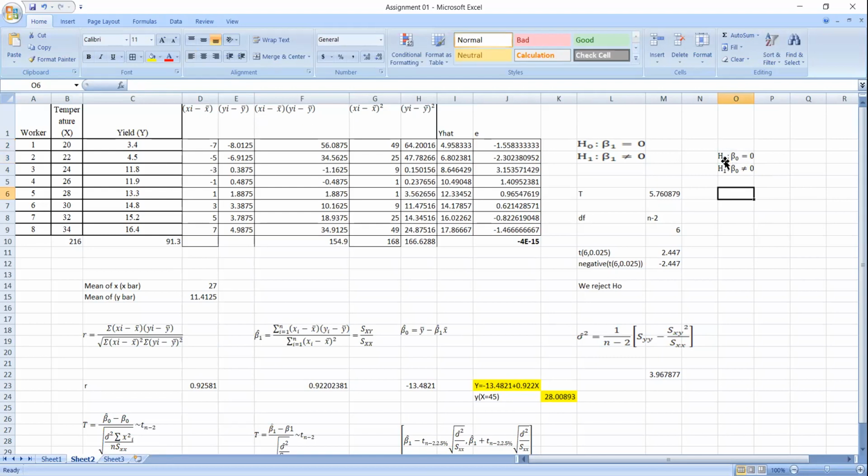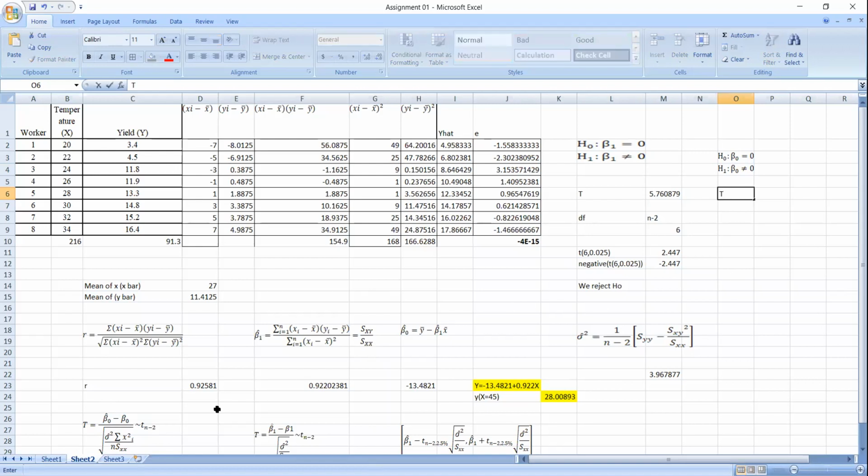Let's calculate the test statistic for beta naught. You can see this is the test statistic when you use beta naught.